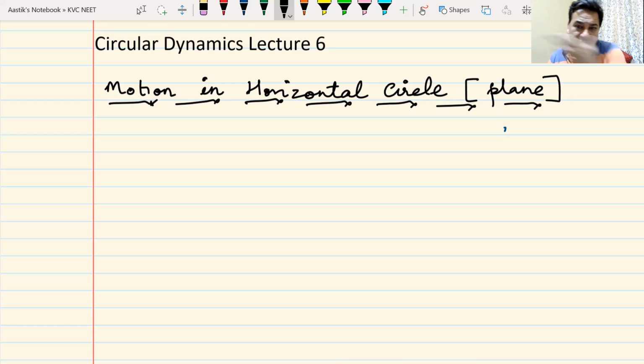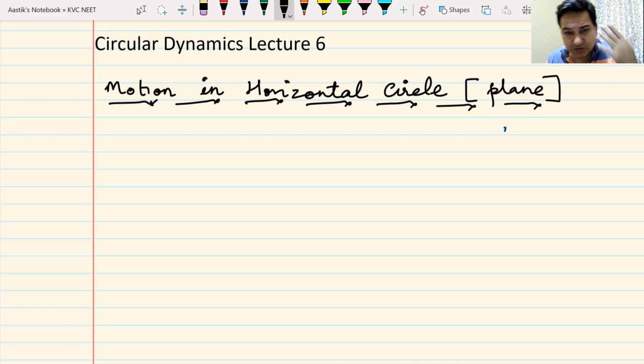Only the motion of the moon around Earth is circular, and artificial satellites move in circular motion. Apart from that, everything is elliptical. In this chapter, work power energy and circular dynamics, we will be studying the motion of particles on Earth.